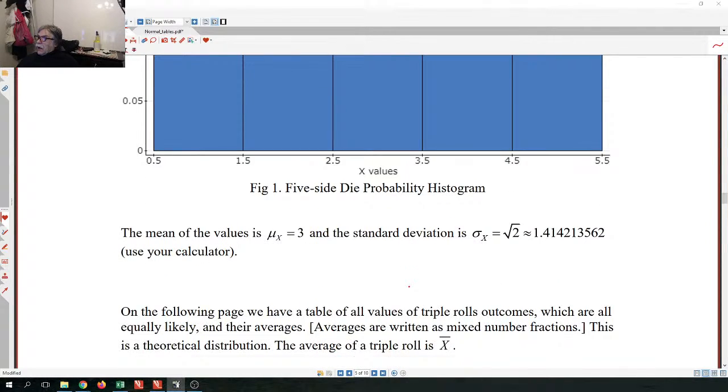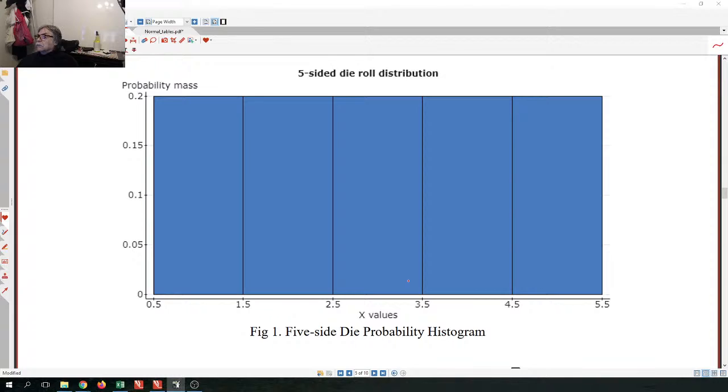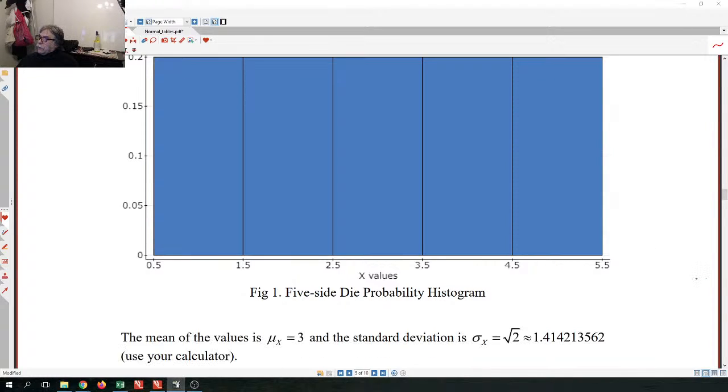Now, I calculated, of course, the mean. What's the mean? 3, of course, on average. 3, right? That makes perfect sense. And the standard deviation I calculate also is radical 2. Okay, you can do it yourself. You just write the random variable. The values of the random variable are 1, 2, 3, 4, and 5.